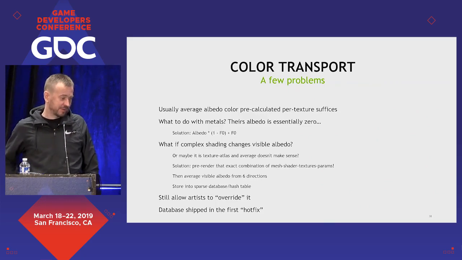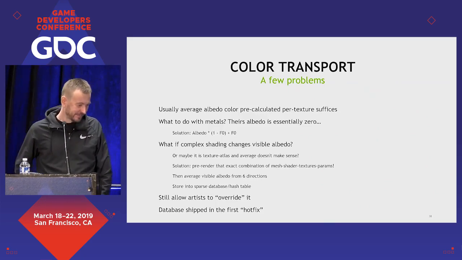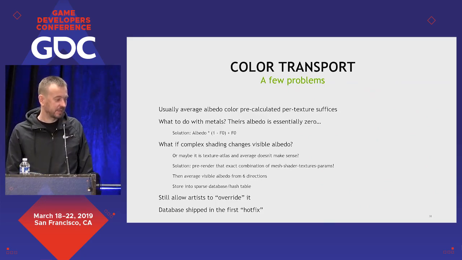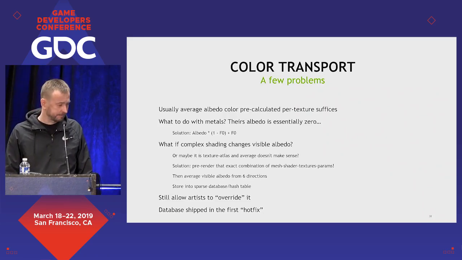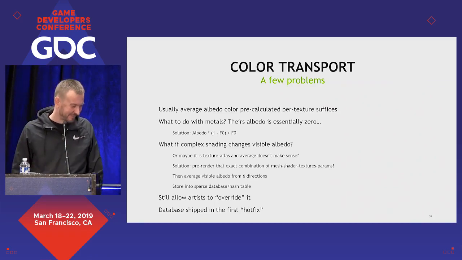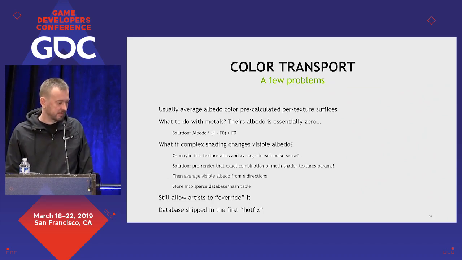We hit a few troubles along the road with that approximation. Initially, for instance, albedo was calculated from average texture color, but sometimes the color seemed to be slightly off or completely incorrect. Usually that's because of texture atlases or complex shaders, which modify albedo in an unpredictable way.